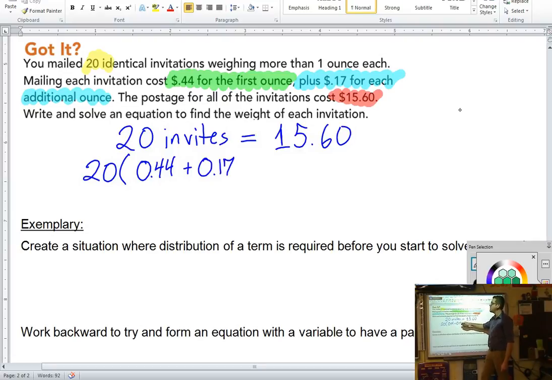Now, do I know how many additional ounces we have? No. So that's going to need some variable. I'm going to use Z, because the abbreviation for ounces is actually OZ. And that will equal the 1560.